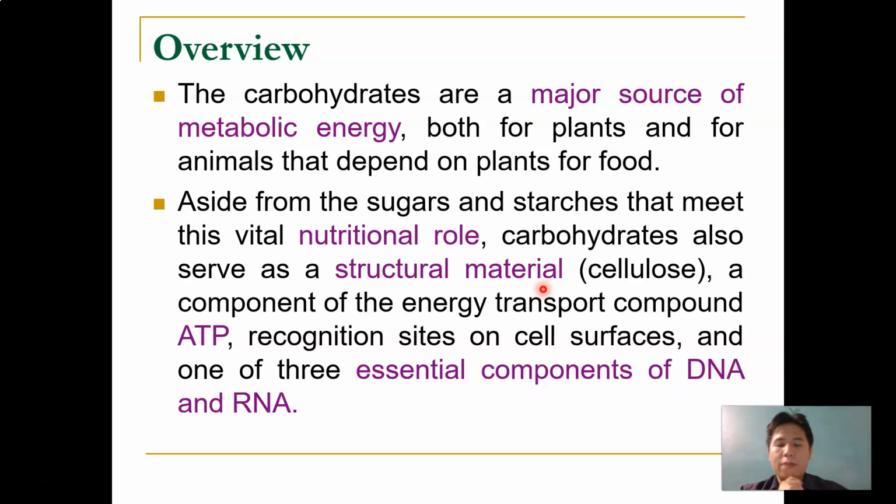Cellulose gives plant walls their structure, but there's also lignin and chitin, which are similar carbohydrate types of molecules. Some of these carbohydrates are also used in energy transport, such as ATP. And of course, ATP is also a nucleotide, which is an essential component of DNA and RNA.